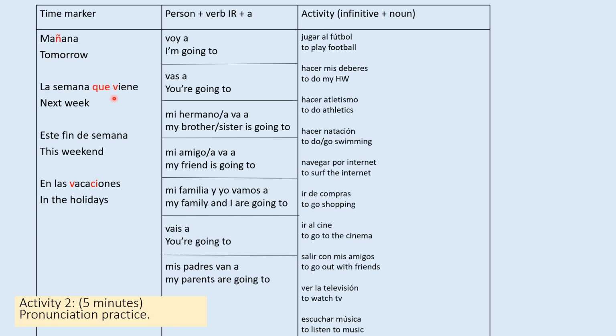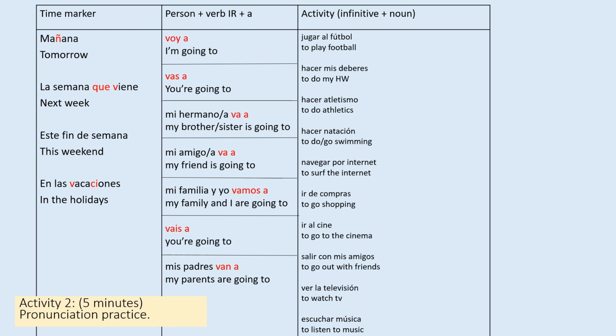La semana que viene. Este fin de semana. En las vacaciones. And remember, all your foreign sounds are in red, so you really want to pay particular attention to those because they are the foreign sounds.